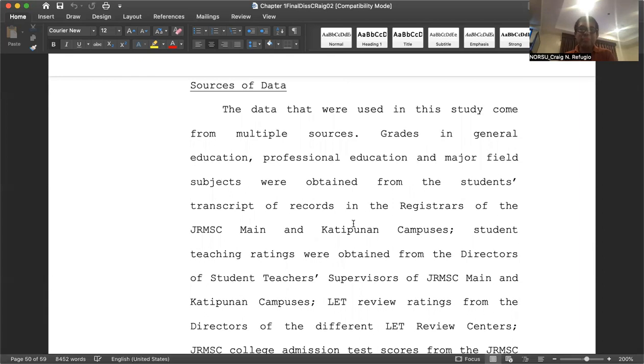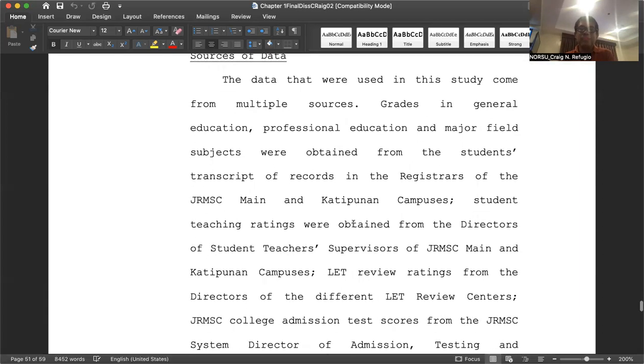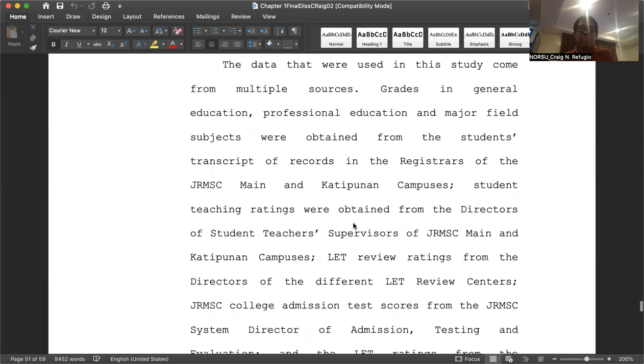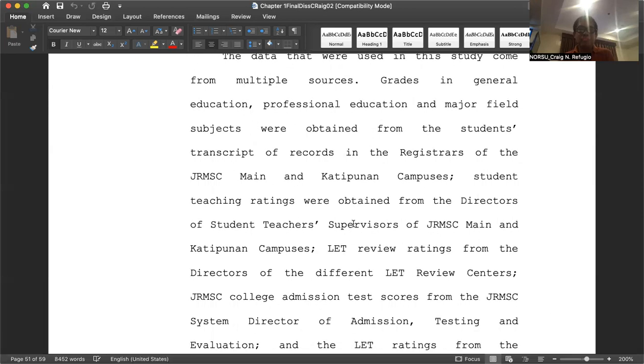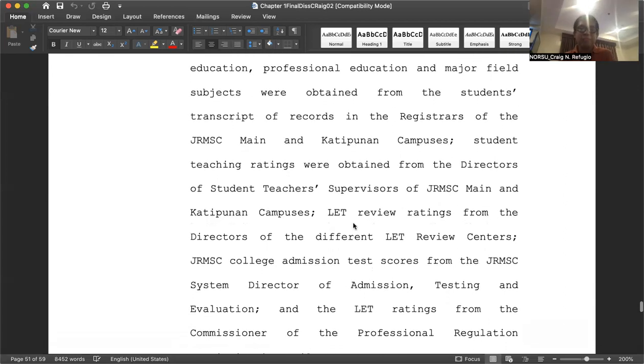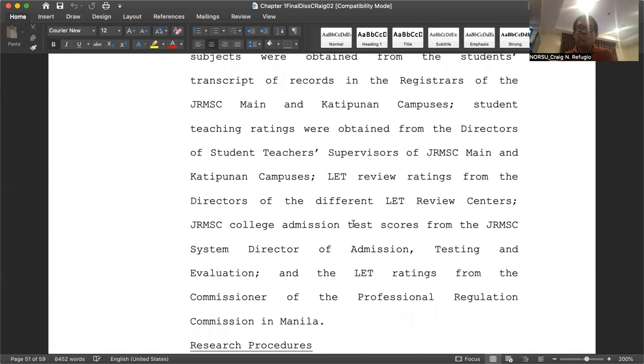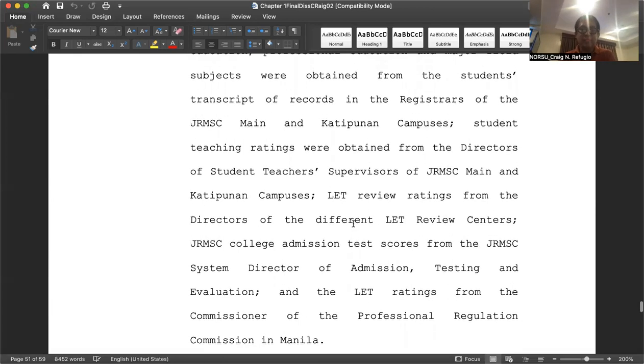LET review ratings from the directors of the different LET review centers. JRMSC college admission test scores from the JRMSC system director of admission testing and evaluation, and the LET ratings from the Professional Regulation Commission in Manila, or PRC.